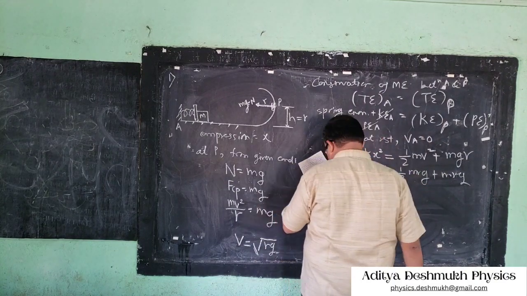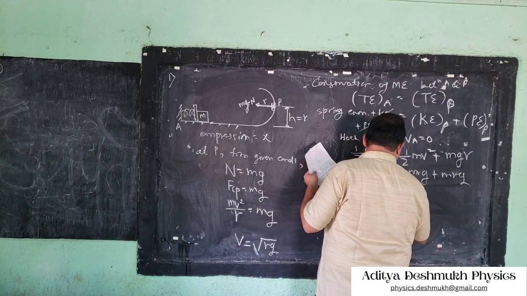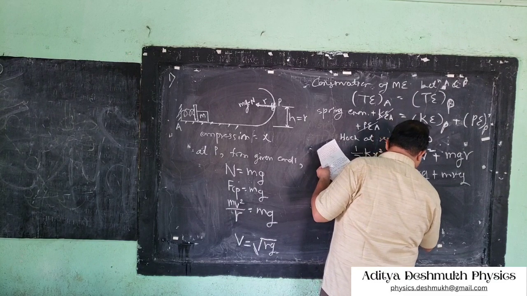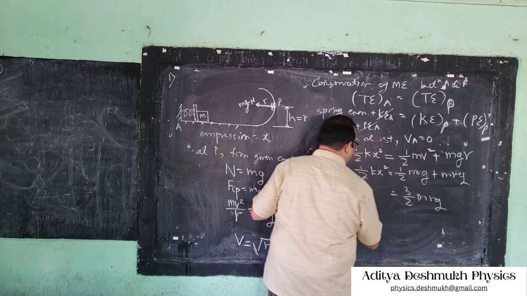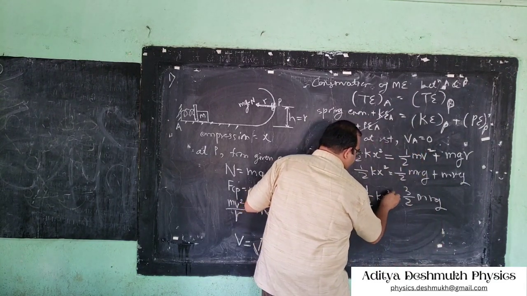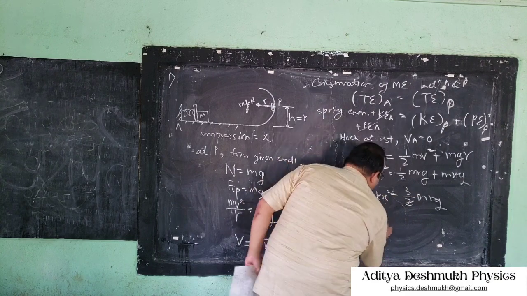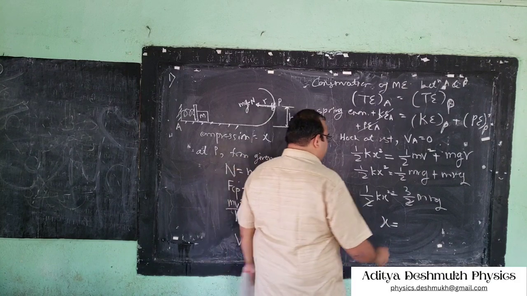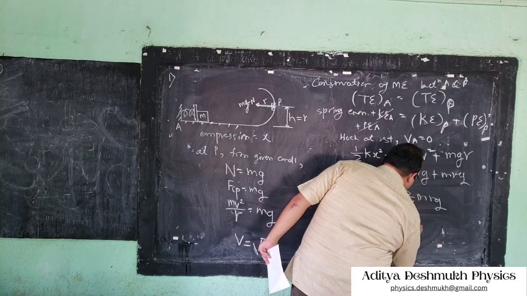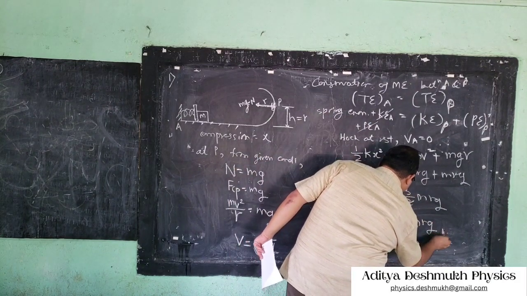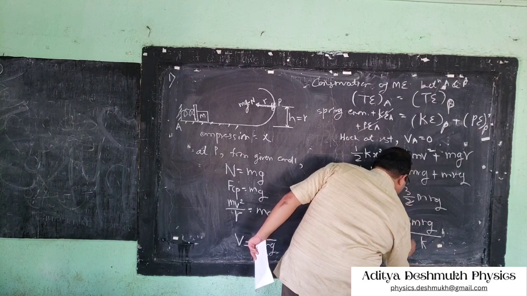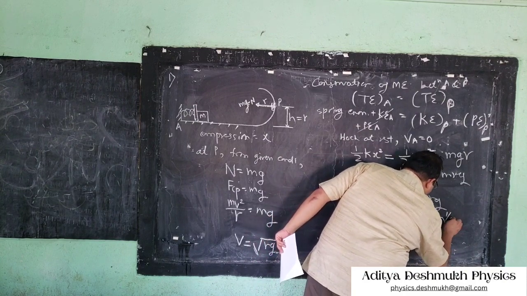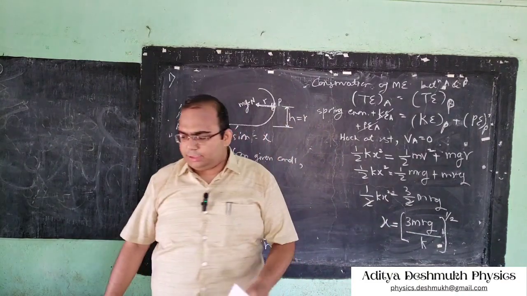This will be equal to 3 by 2 mrg. The half will get cancelled, and from this I will get the minimum value of compression, which will be equal to 3 mrg upon k raised to 1 by 2, or the square root of all this.